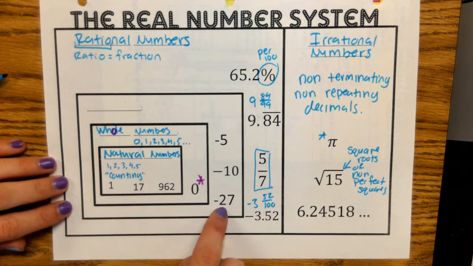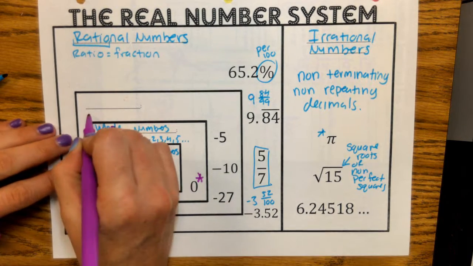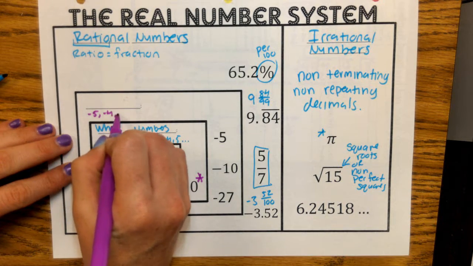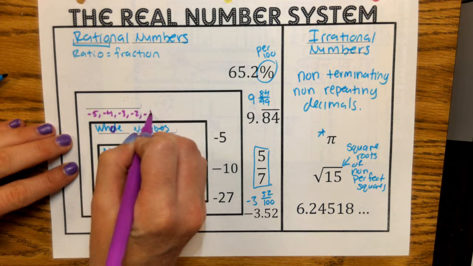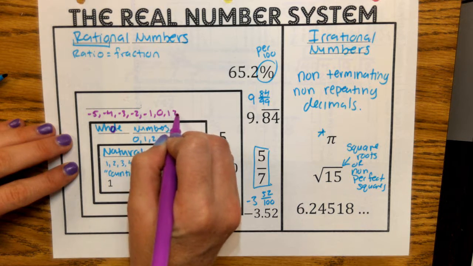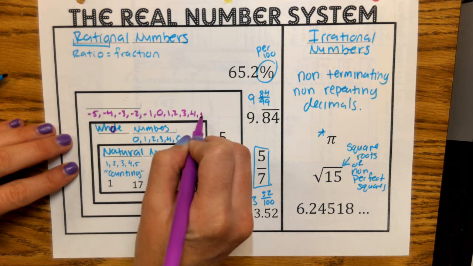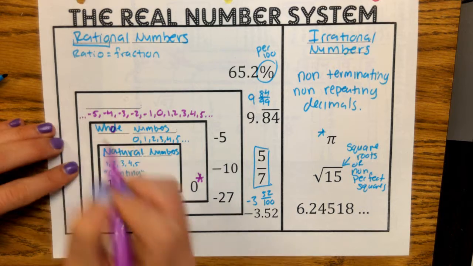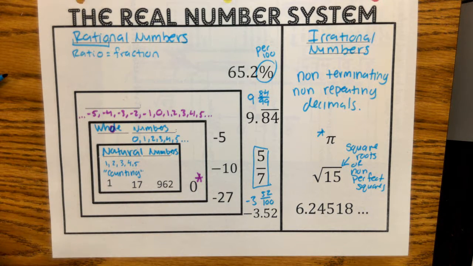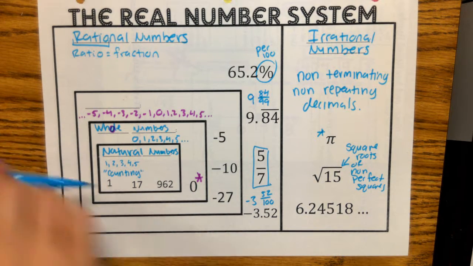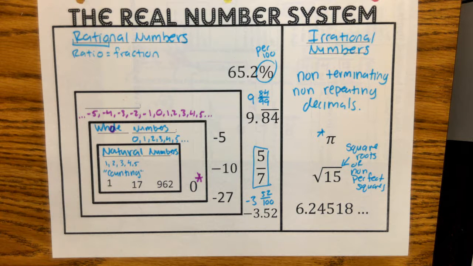And then we can add in our integers. So we would have -5, -4, -3, -2, -1, 0, 1, 2, 3, 4, 5. What do we call it when we add in the opposite of whole numbers?